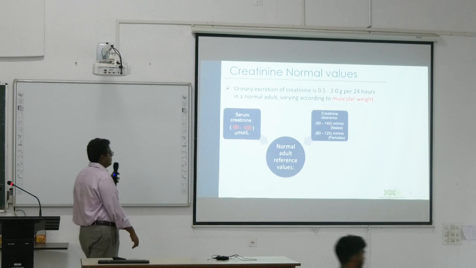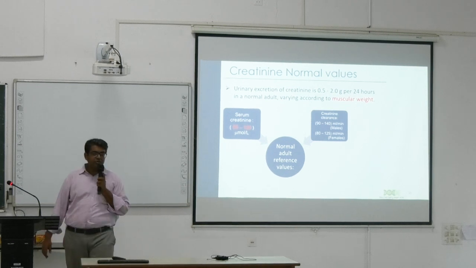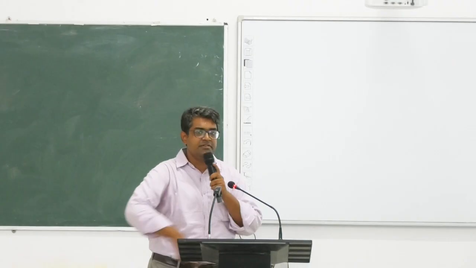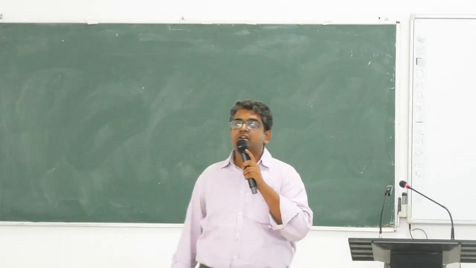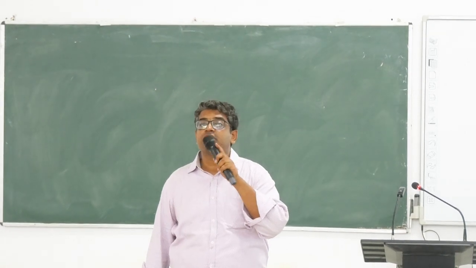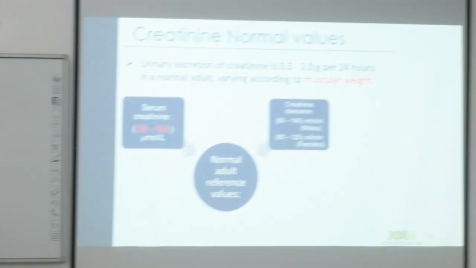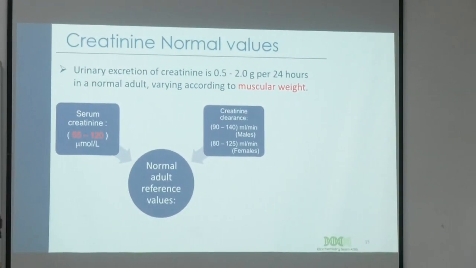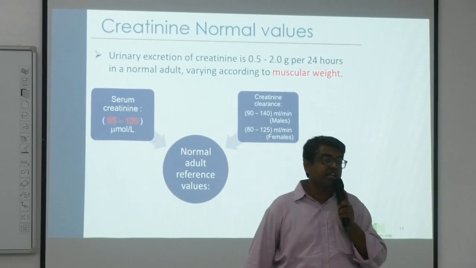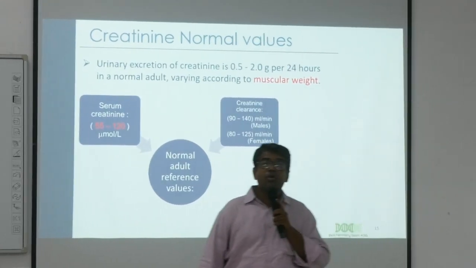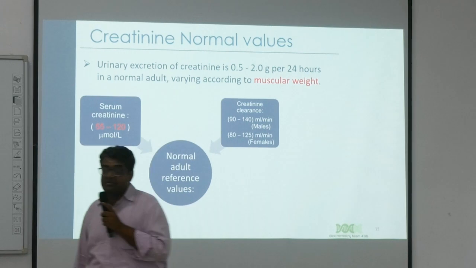Creatinine normal values. Okay. 0.5 to 2 grams. You see it is grams. Please do not confuse it. It is for 24 hours, and it is the urinary creatinine level. Here I am not talking about plasma creatinine levels.